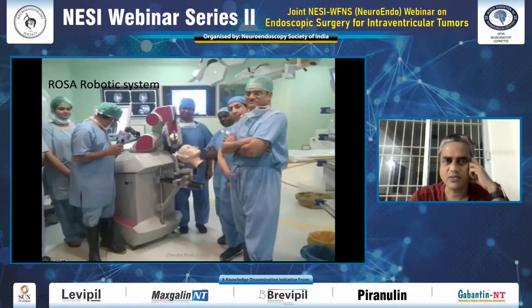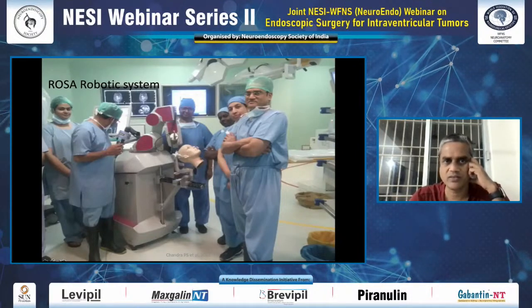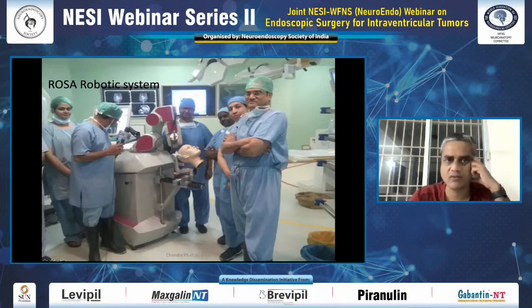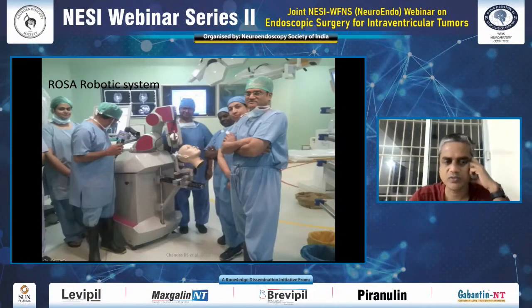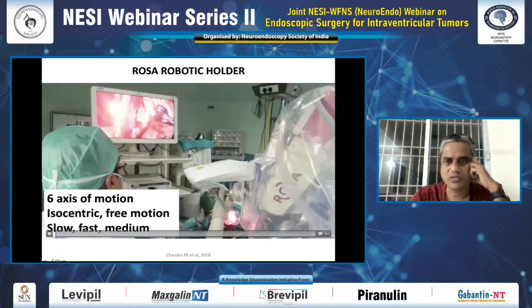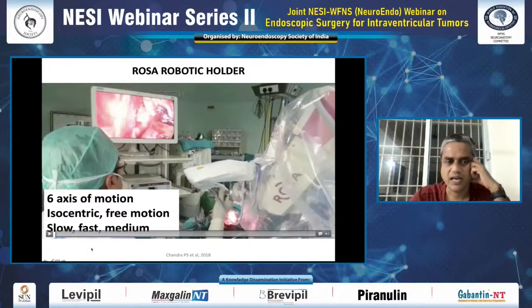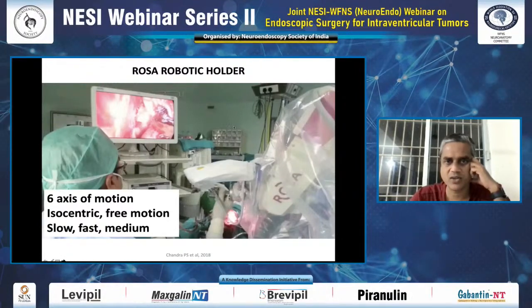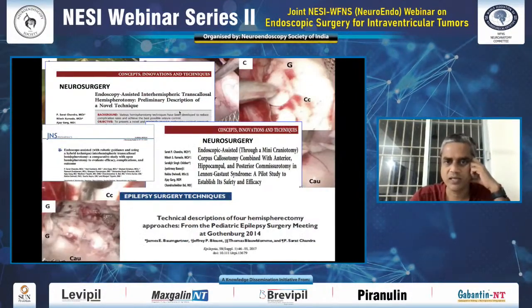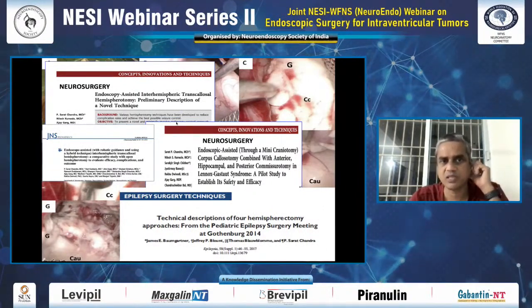So another adjunct which could be added is a robotic arm, and we have acquired this ROSA system, which we use very actively for putting the stereoencephalography for epilepsies. But in addition, we've also been using it in conjunction with an endoscope, and that allowed me to develop the technique of endoscopic hemispherotomy as well as endoscopic corpus callosotomy with commissurotomy for the first time in the literature.